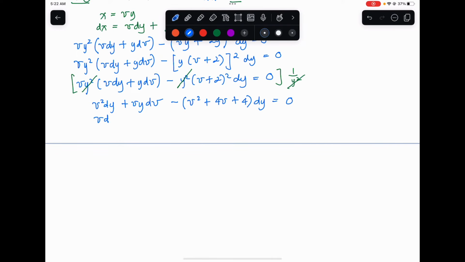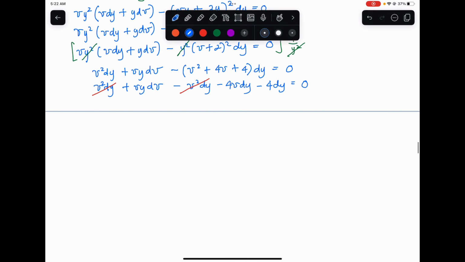So v squared dy plus vy dv minus v squared dy minus 4v dy minus 4 dy is equal to 0. So v squared dy minus v squared dy is 0. So that's giving us a vy dv.